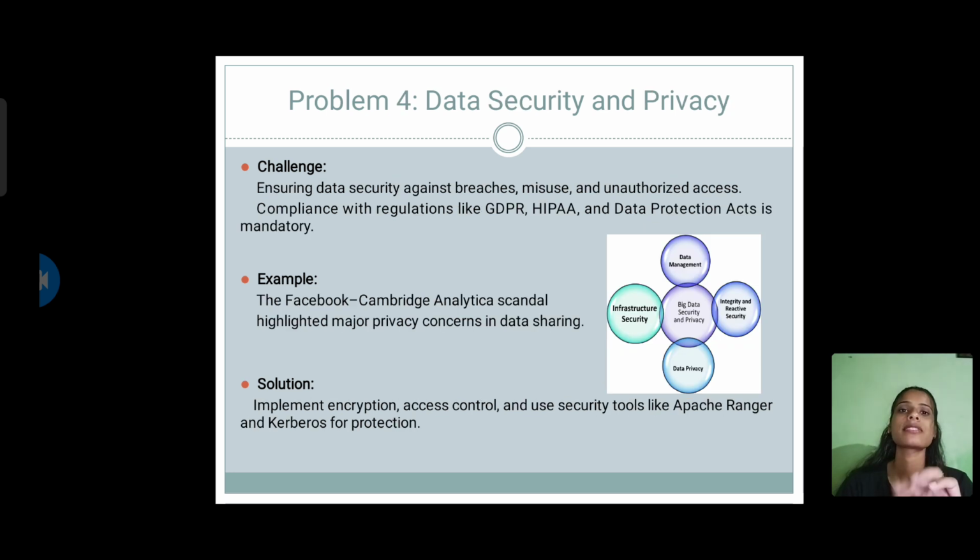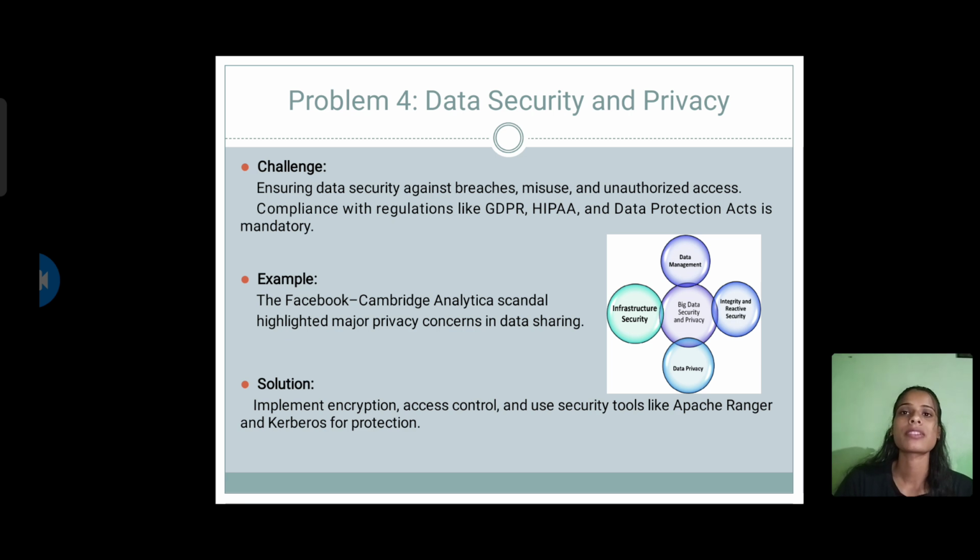The next slide is the problem of security and privacy. The next important issue is data security and privacy. As the amount of data increases, so do the chances of data breaches and misuse. Organizations must follow data protection laws like GDPR and HIPAA to ensure privacy and compliance.